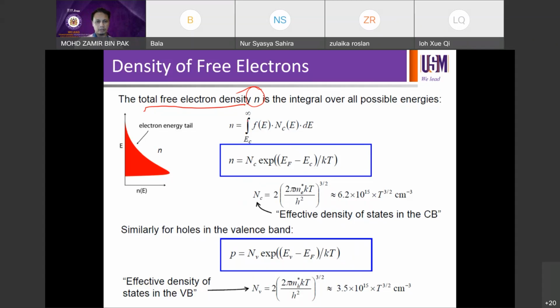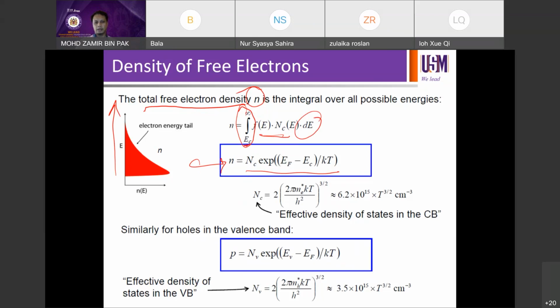So it's an integral from your band edge E_C, sorry, not E_C(E), E_C until infinity. So we integrate from E_C till infinity, forever. Then you use the same equation, F(E) times N_C(E) dE, and you get a simplified version as n equals N_C exponential of (E_F minus E_C) over kT.